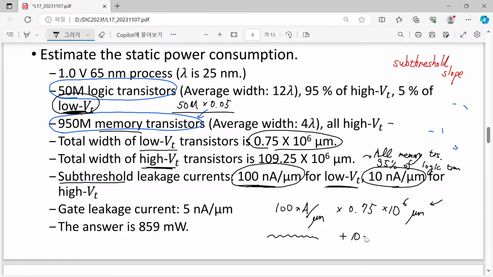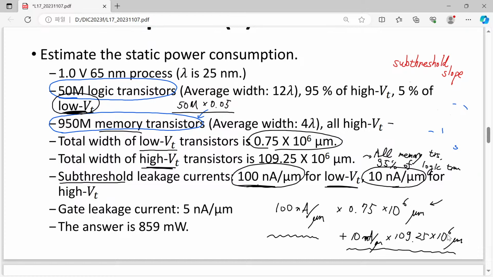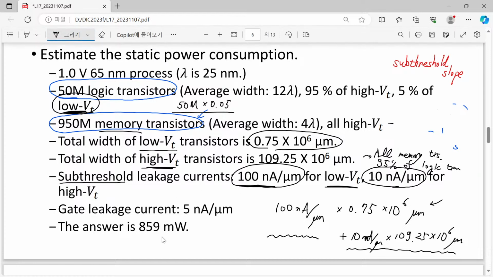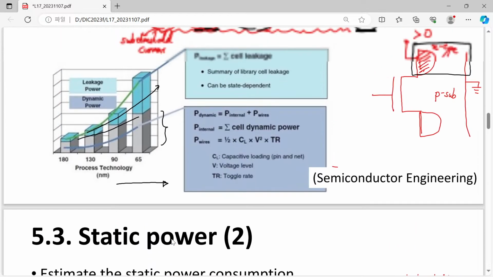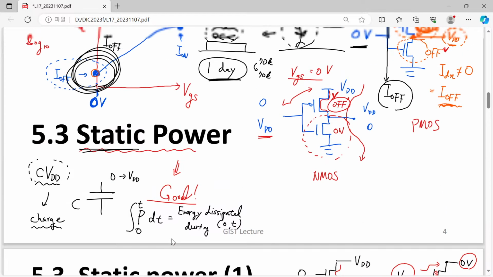And you also have 10 nanoamp per micrometer times 10.9 times 10 to the 6 micrometer. This contribution comes from your high VT transistors. Okay, are you all with me? But when you just calculate it in this way, your answer will be much larger than the correct answer. We need one more. So now let's come back to our inverter in this case.